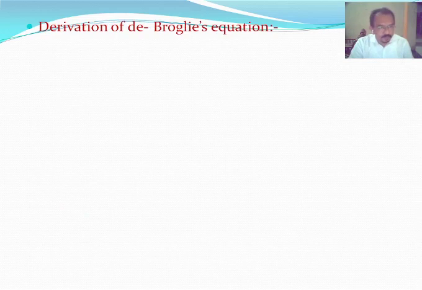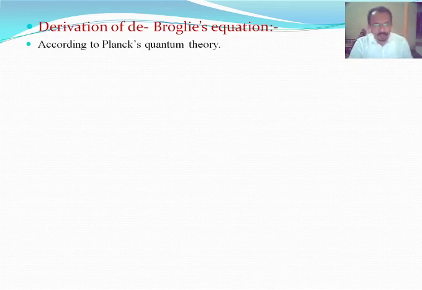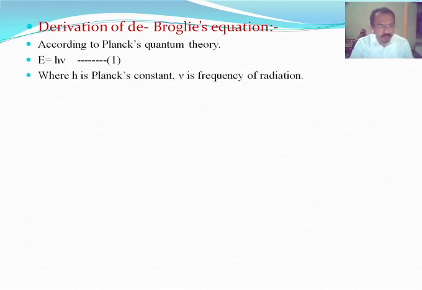Now, the derivation of de-Broglie's equation. According to Planck's quantum theory, energy of a photon is given by the equation E is equal to h nu, where E is the energy of the photon, h is the Planck constant and nu is the frequency of the radiation.